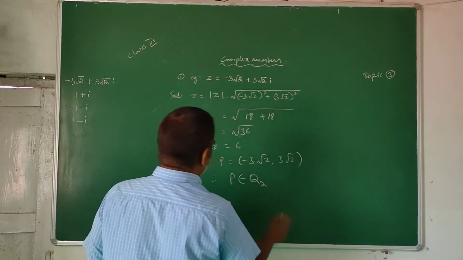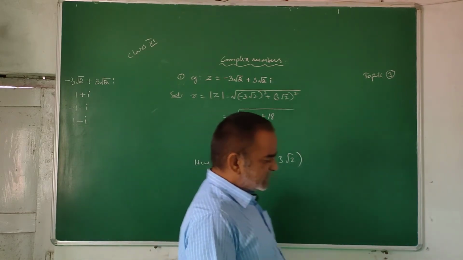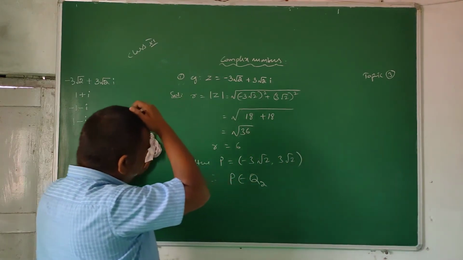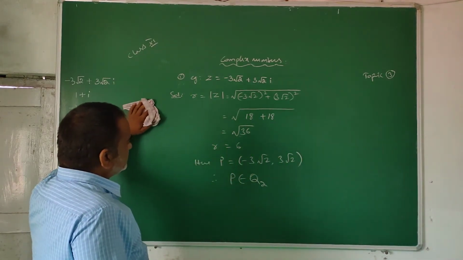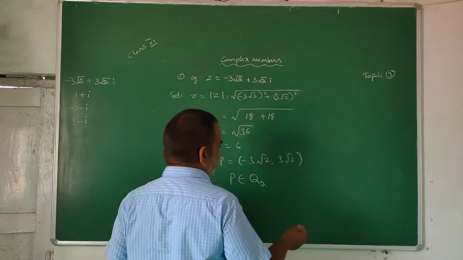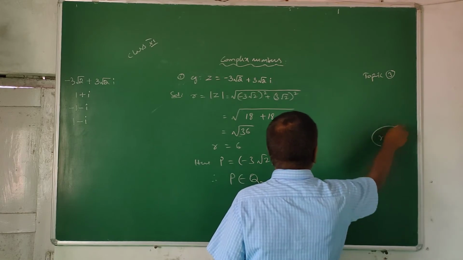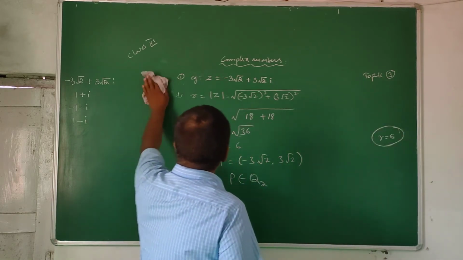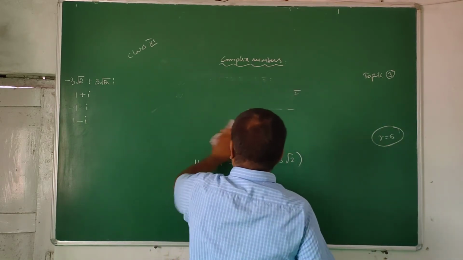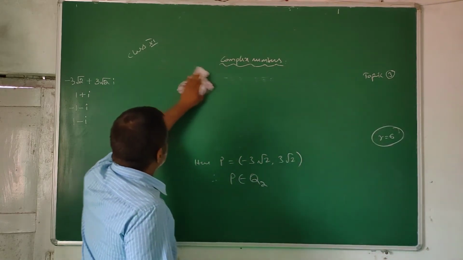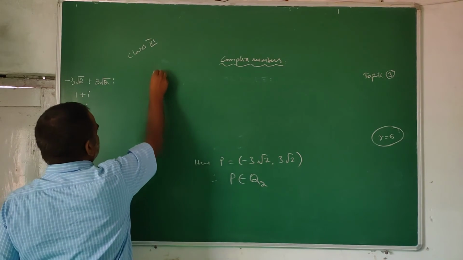So please do remember whatever I discussed in the previous class about argument. So P belongs to Q2. Then first of all you have to calculate tan alpha. Here the r value you got is 6, keep it aside. Okay. Now you have to calculate tan alpha.